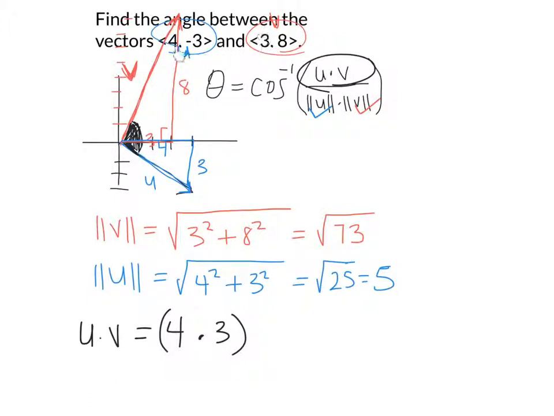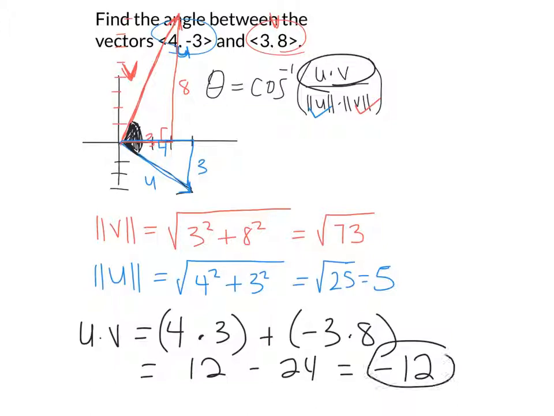So you multiply the x components together, plus we're going to multiply the y components together. So -3 times 8. Okay, so we do the product of the x's plus the product of the y's, and that number is the dot product. So 12 minus 24 is a -12 dot product.